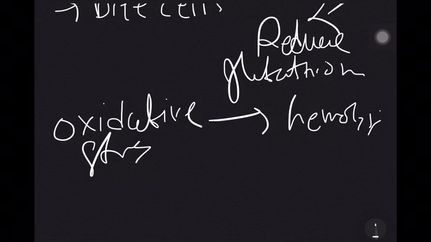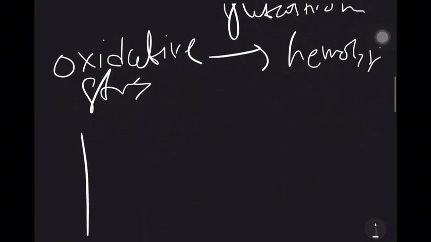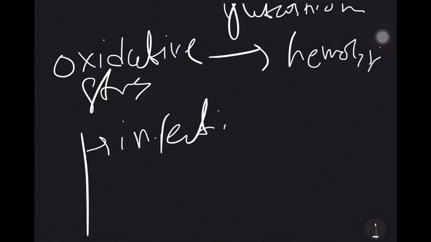Now periodic hemolysis can be related to infection. So the patient will present with these symptoms when he or she has infections. One important thing that you must know is that this patient will also present with symptoms when consuming fava beans.